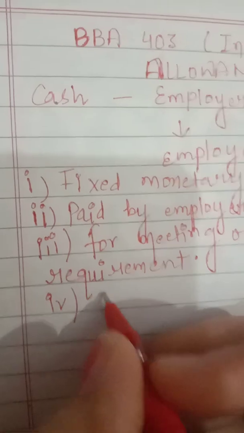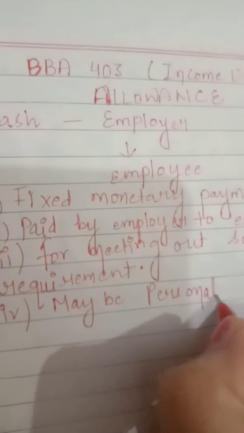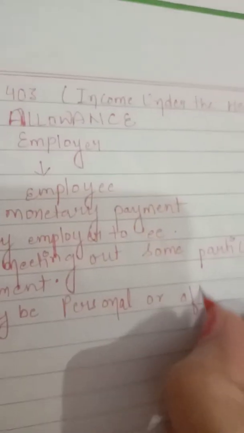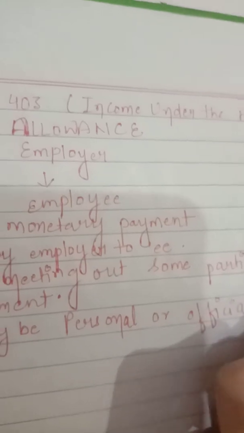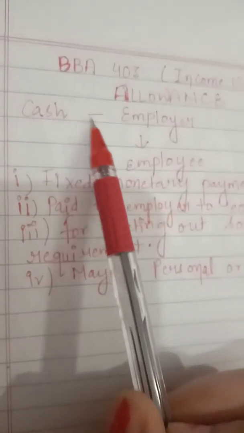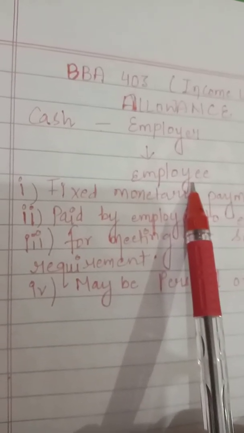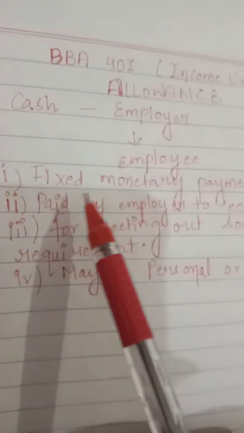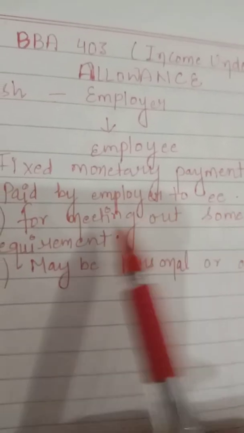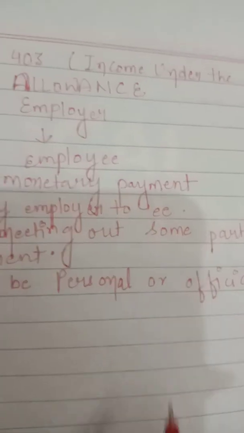Allowances may be personal or official. Allowances means payment made in cash by the employer to employee, monthly, other than his salary. In short, allowances are the fixed monetary payment paid by employer to employee for meeting out some particular requirement. Allowances may be personal or official.